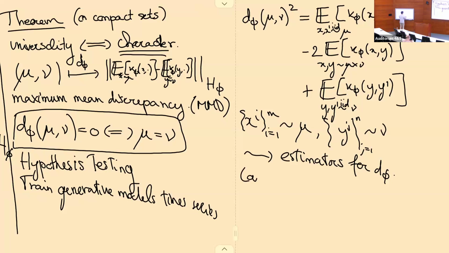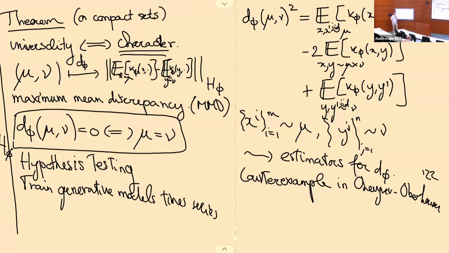It is a counterexample that tells you that if you don't have compactness, you don't have this property here.